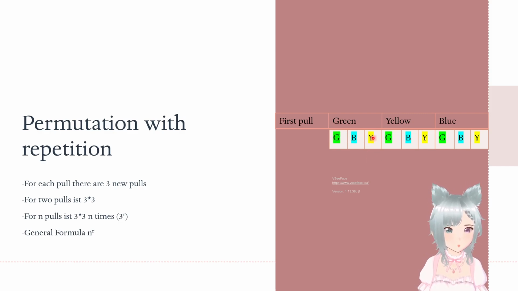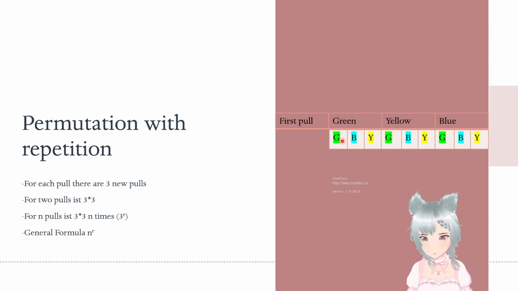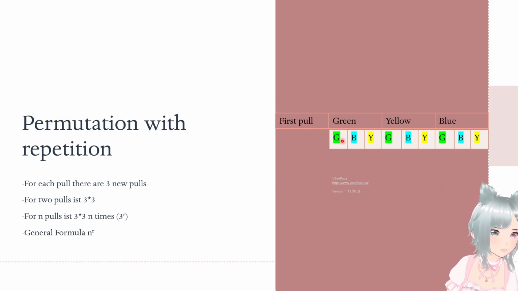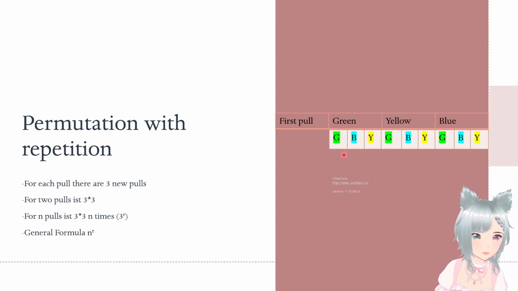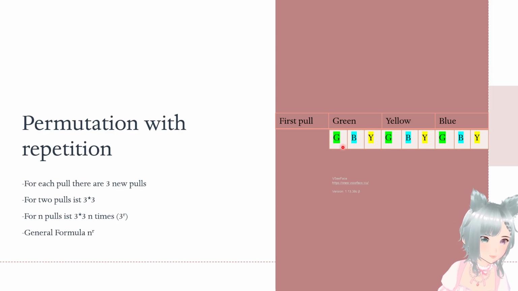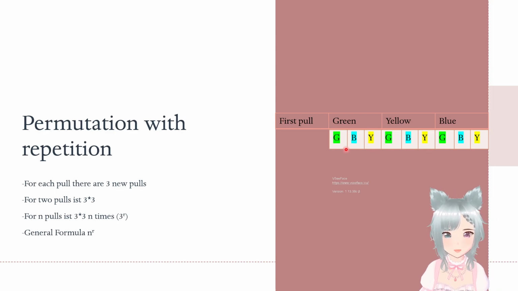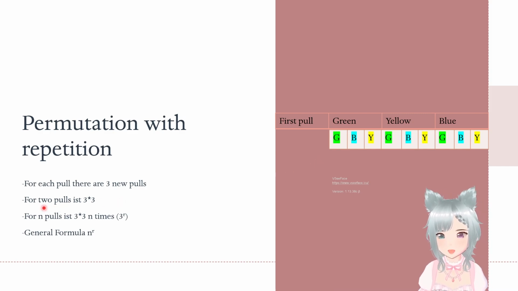So for all these 9 different solutions, different sets, we can draw 3 more different sets after we draw again. So we have 9 times 3 different sets if we pull 3 times, or we have 3 times 3 times 3 different pulls.